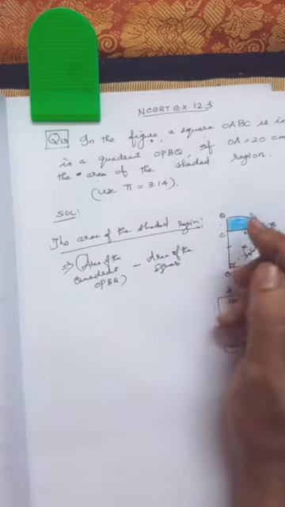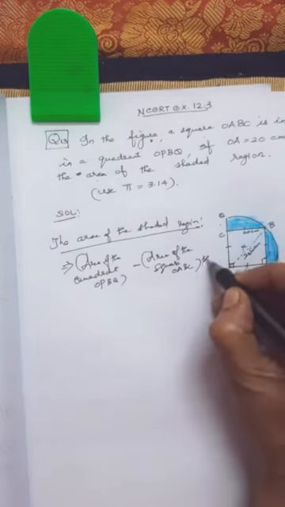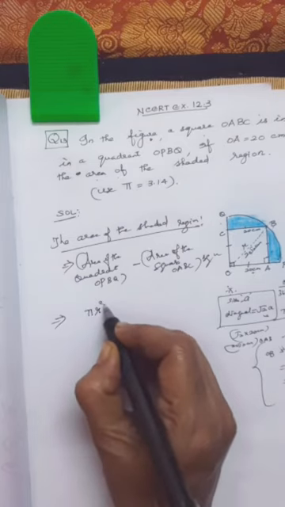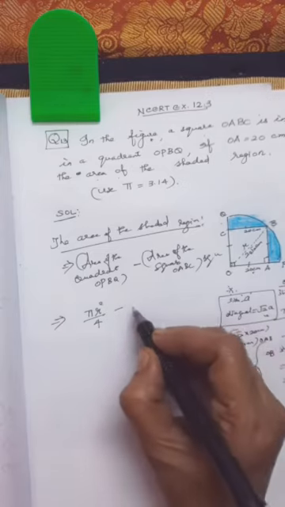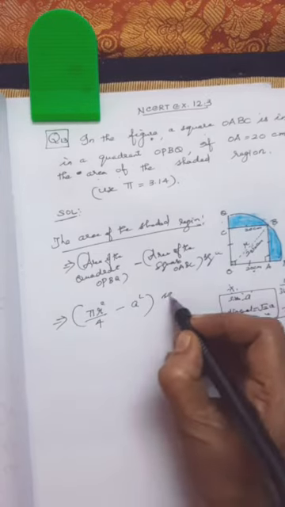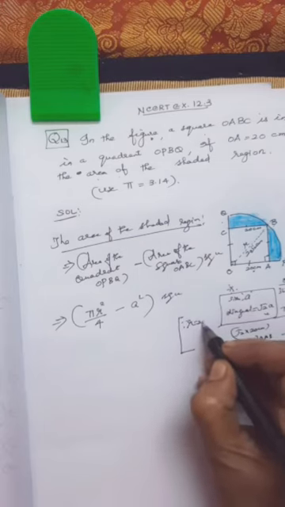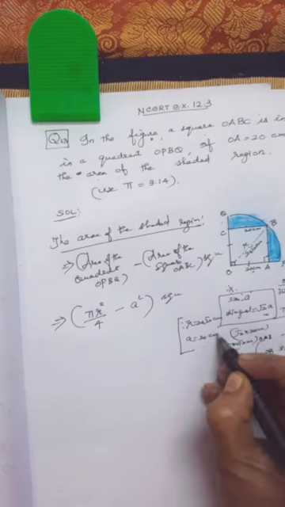Let us write down the name of the square, OABC, square units. Let us write the formula: pi r squared by 4 minus area of the square, a squared, square units. Let us list down the values. r is 20 root 2 centimeter and a equal to 20 centimeter.